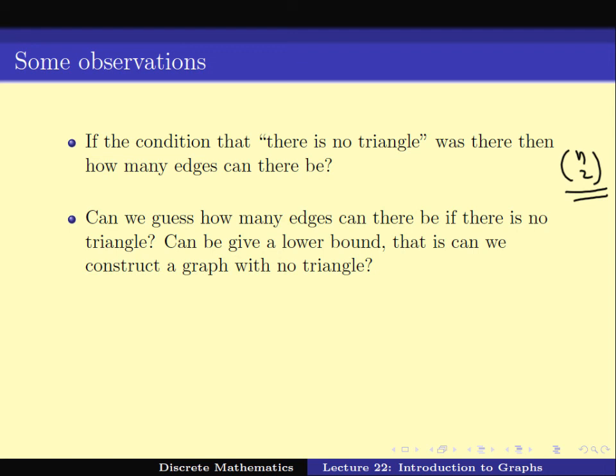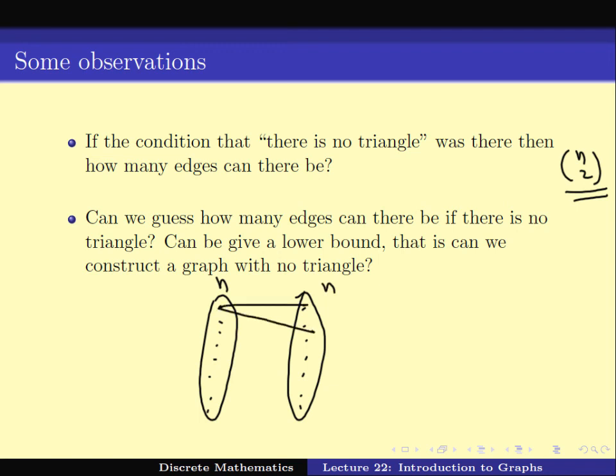So here is one hint. If I have n vertices in this part, and n vertices here, and the edges are all going from left to right, okay, so these are the edges. This is something called a bipartite graph, meaning it's a graph where I have split the vertices into two parts.